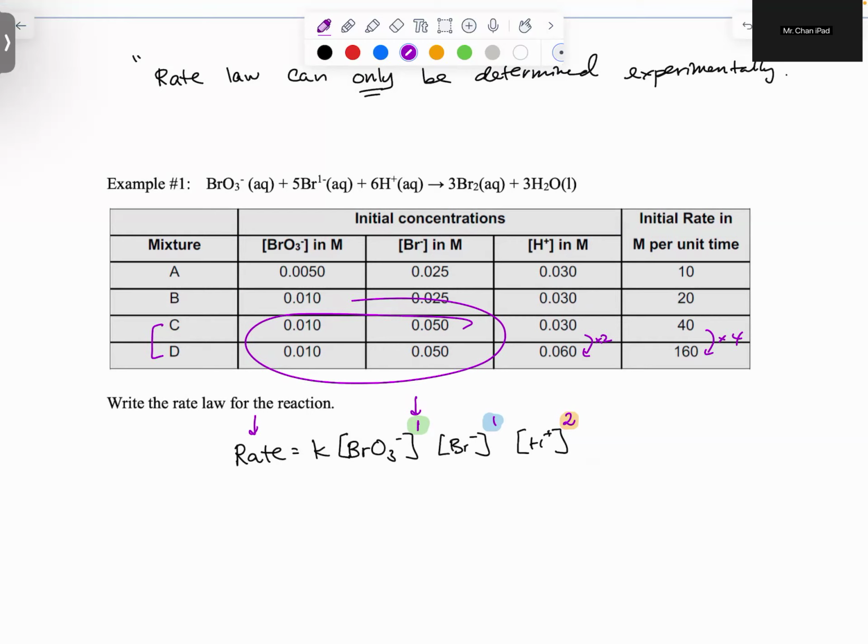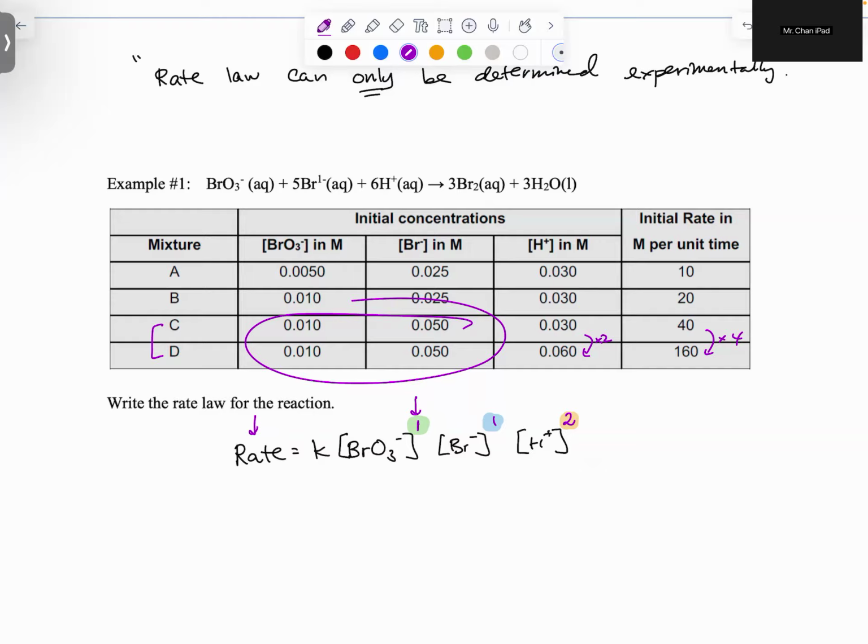So we say, oh, the reaction is second order in respect to hydrogen ion. And that is our rate law. So far, so good?